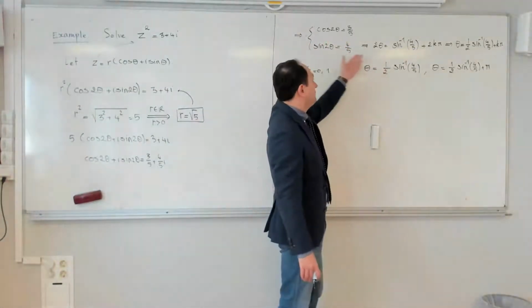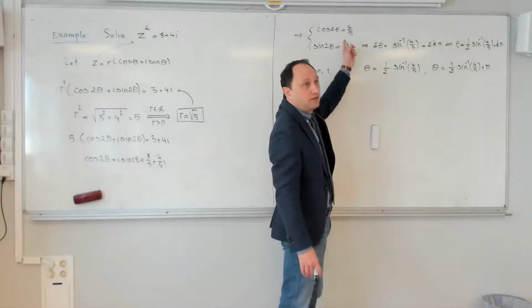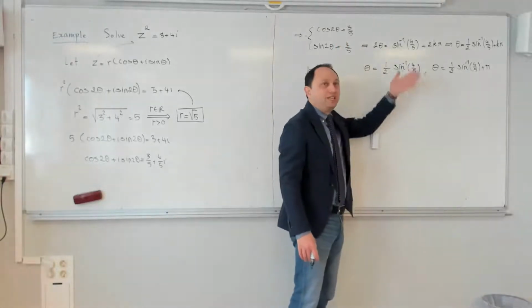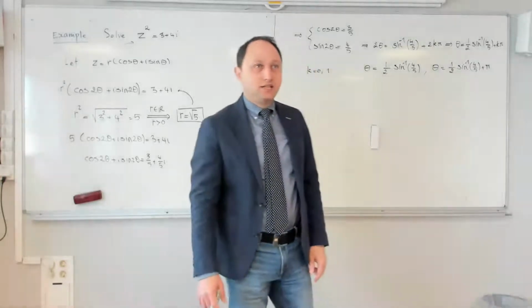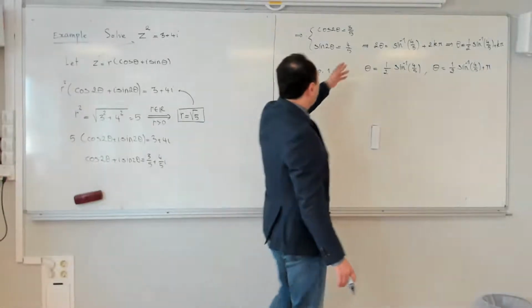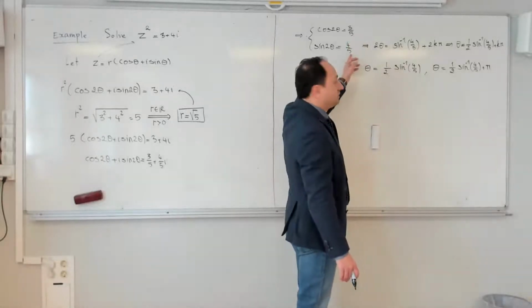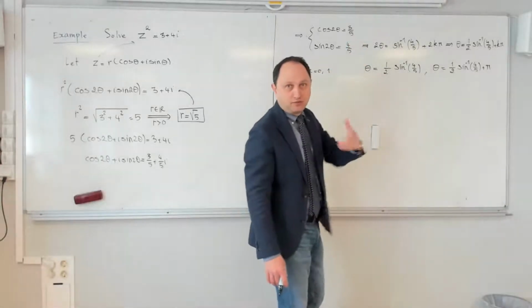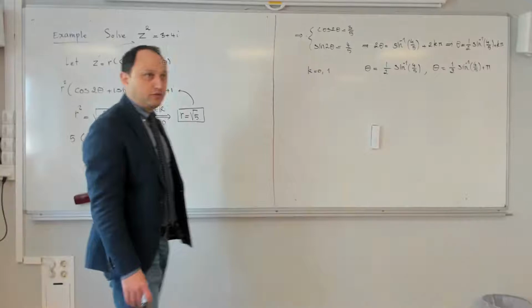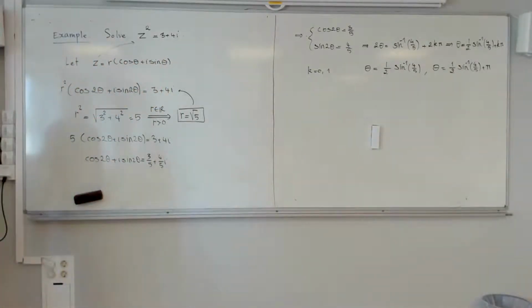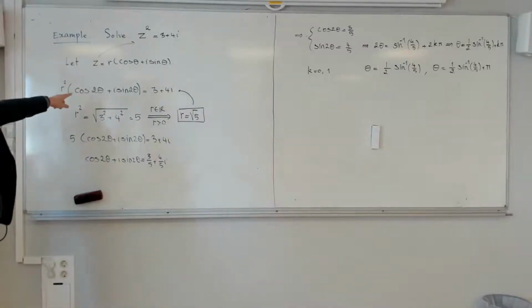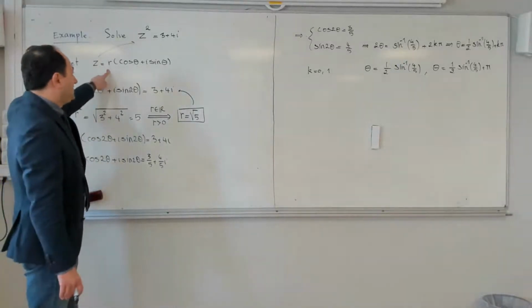Then the solution would involve arc cosine or cosine inverse, yes? But the cosine inverse of that number turns out to be equal to the sine inverse of that number. You can, for example, use your calculator to confirm that. So that is not an inconsistency.